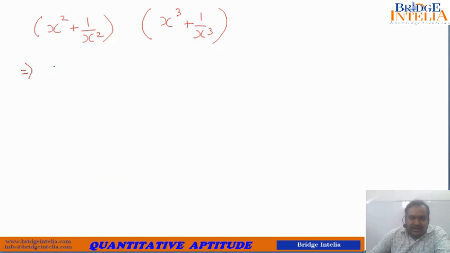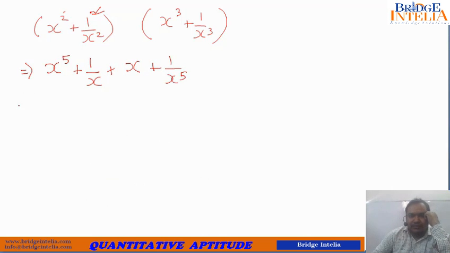So this is x to the power 5 plus 1 by x, if you multiply the first term with both the terms. Now it's time to multiply this term with both the terms, plus x plus 1 by x to the power 5. So if you rephrase this: x to the power 5 plus 1 by x to the power 5 plus x plus 1 by x.